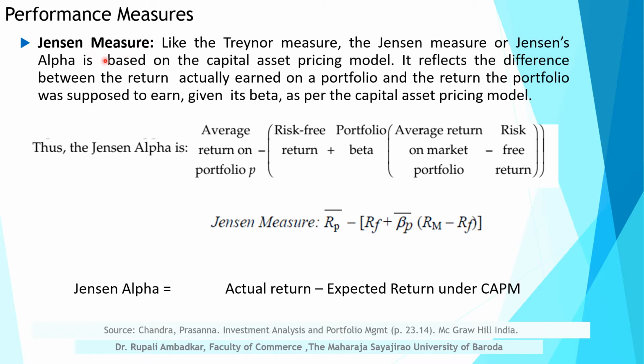The Jensen's measure basically reflects the difference between the return actually earned on a portfolio, the average return on the portfolio, and the expected return of the portfolio using its beta as per the capital asset pricing model. So we can say that Jensen's alpha is the difference between the actual average return on the portfolio and the expected return on the portfolio as per the capital asset pricing model.